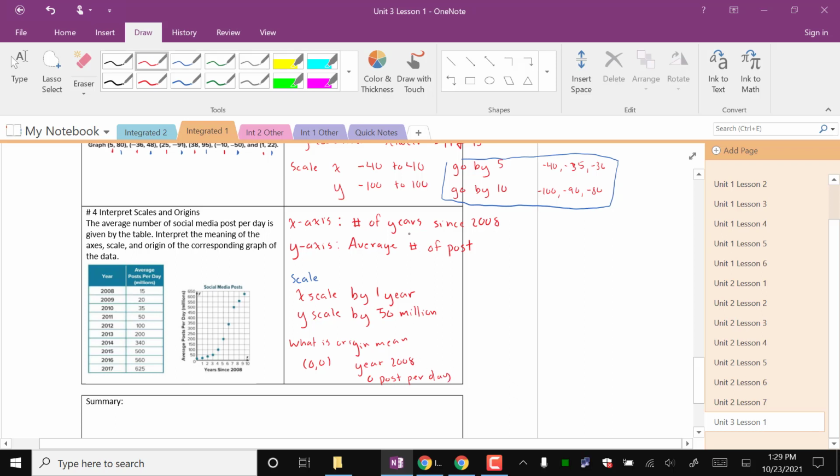Because we start in 2008, because our x-axis is number of years since 2008. So the 0 on the x would be 2008. That's when we start at. And then for posts, we haven't done any posts yet, so it'll be 0 posts.